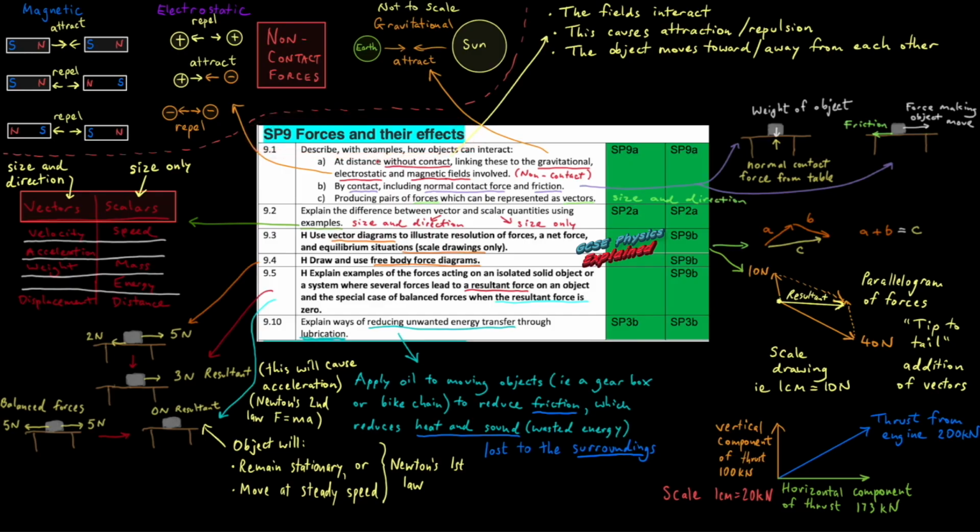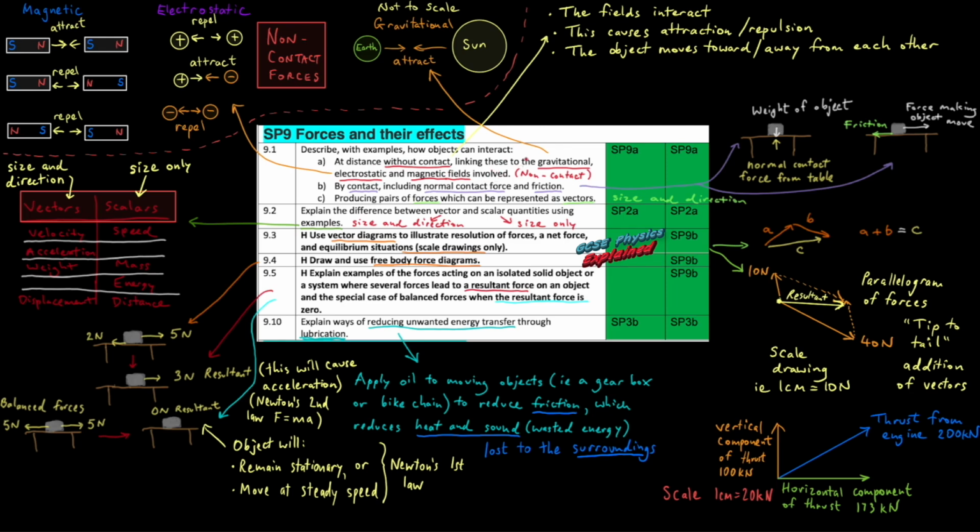SP9 forces and their effects. 9.1. Describe with examples how objects can interact at distance without contact, linking these to the gravitational, electrostatic and magnetic fields involved.